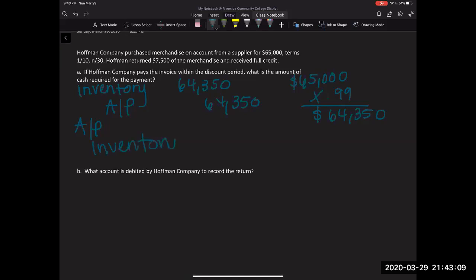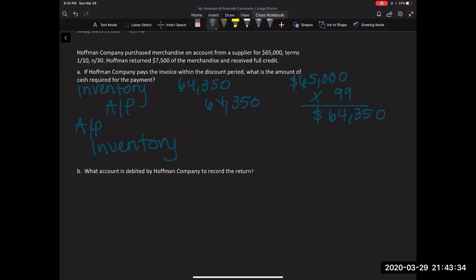Inventory is a credit because we're giving it back, right? This is no different from buying product from, say, Amazon or JCPenney's and returning it. You're refunding it to them. Your inventory will decrease. Now, let's talk about the amount, right?